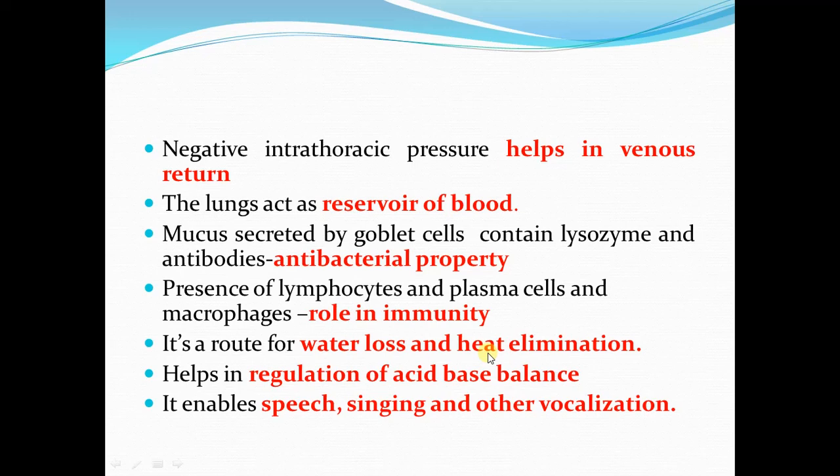Lungs also help in regulation of acid-base balance. When there is disturbance of acid-base balance due to metabolic causes or renal causes, the lungs or the respiratory system try to compensate this disturbance. You will study this topic in detail in second year along with acid-base balance.